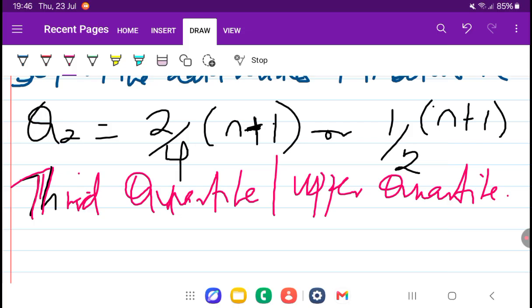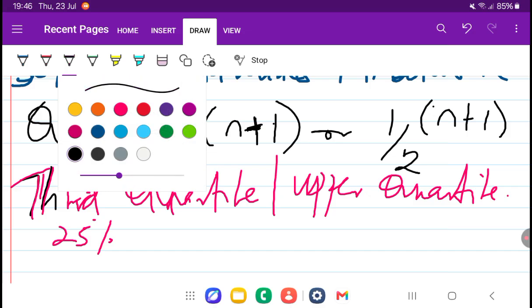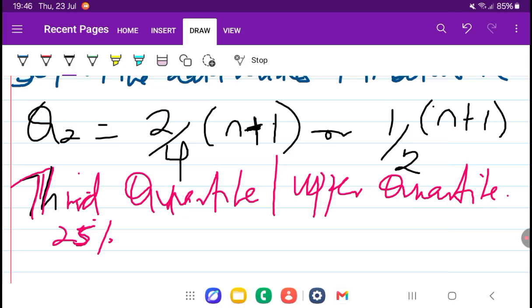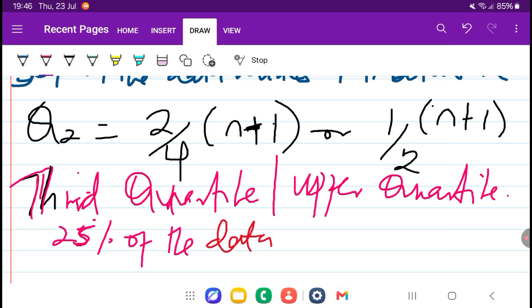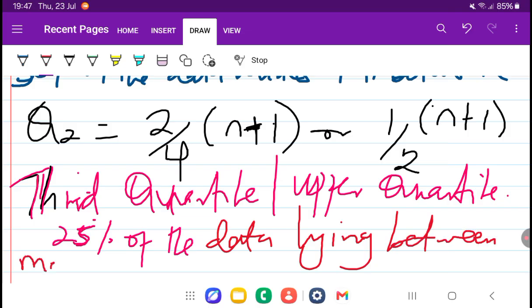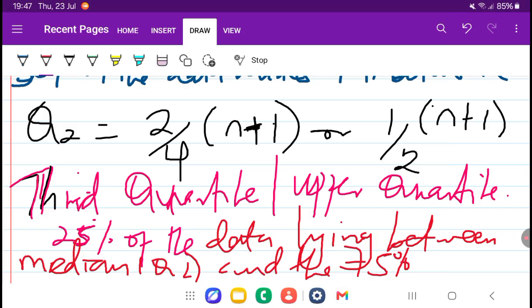Now, this third quartile, or Q3, means that there are actually 25% of the data lying between the median, which is the Q2, and the 75% cut point of the data.